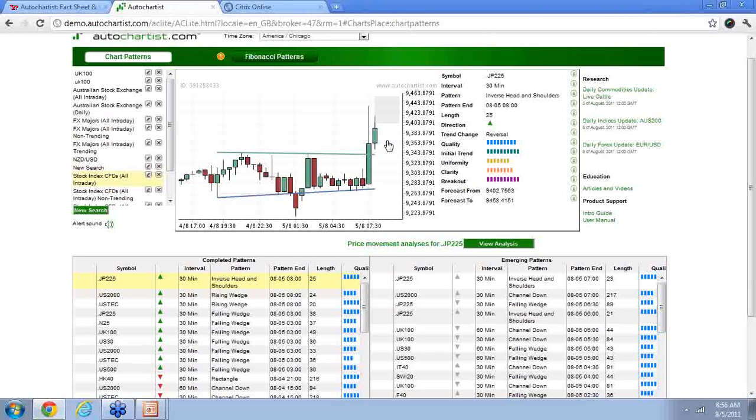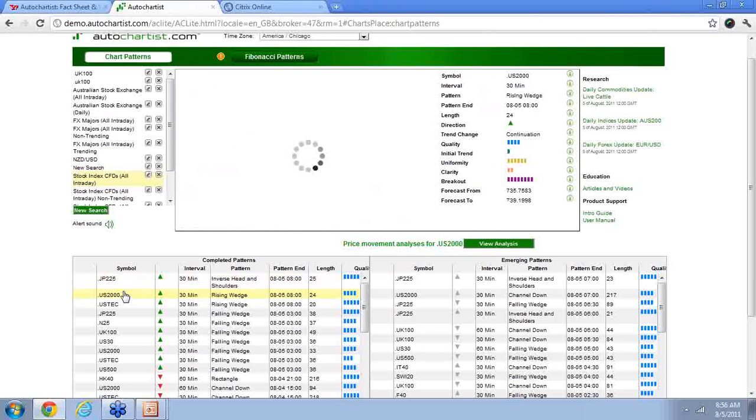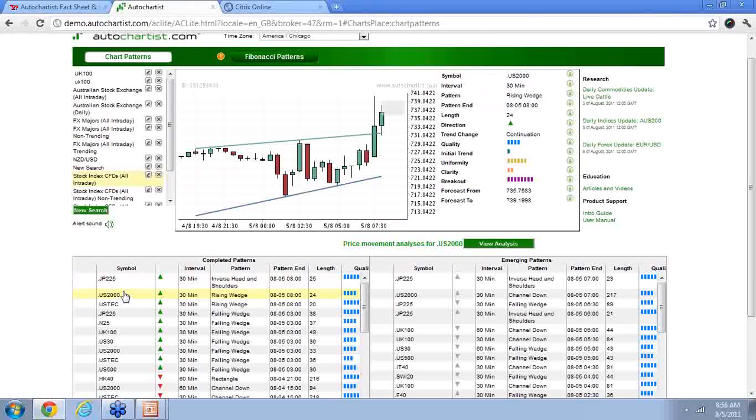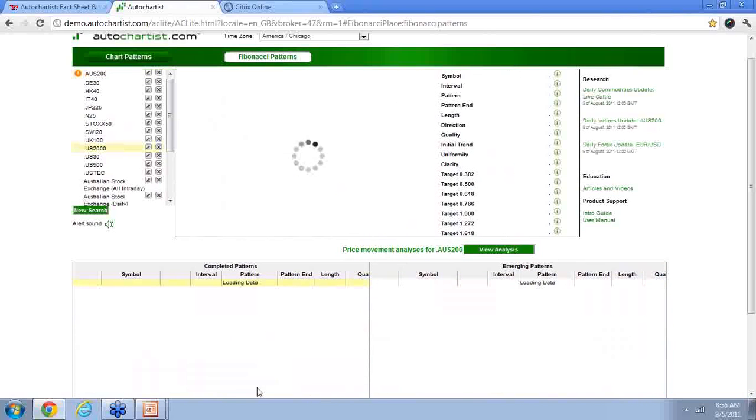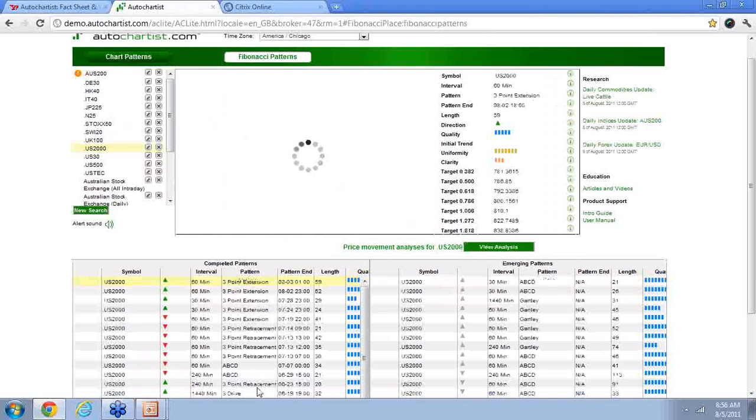Now, if we look at another pattern on this US 2000, this is a completed pattern. This also showed a breakout to the upside. So I'll move into the Fibonacci patterns and look at the US 2000 to see if something's come up that'll tell me that I can expect more to the upside, or less.